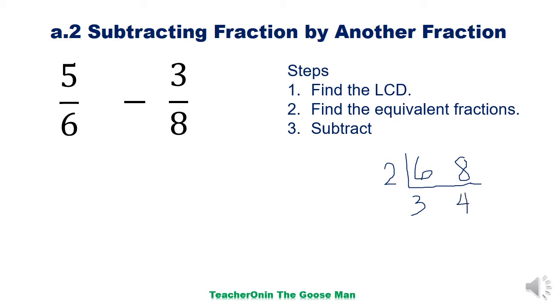But there's no number that can divide 3 and 4, so we simply multiply 2, 3, and 4 to get the least common denominator. So therefore, 2 times 3 times 4 is equal to 24. So this is now our least common denominator. So we will write here 24.